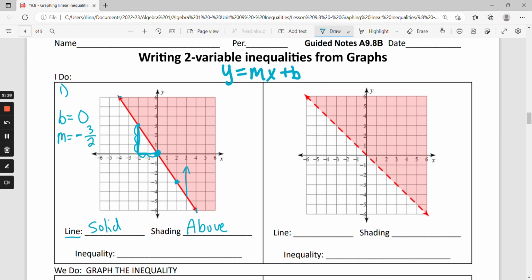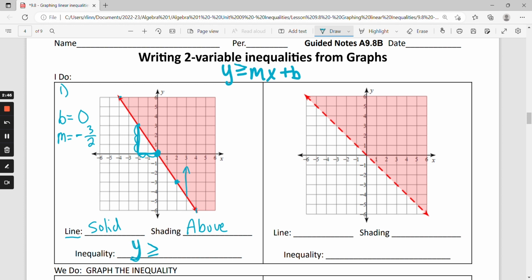So in place of my equals sign in y equals mx plus b, I'm going to make this actually y is greater than or equal to mx plus b. So we're going to be using a greater than or equal to symbol here. And then when we're substituting in, let's go ahead and just substitute into our y equals mx plus b. Our y value stays the same, so we're not going to be changing our y value at all.